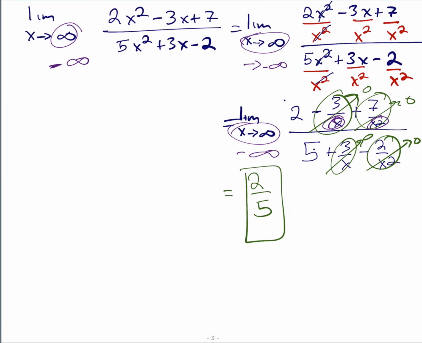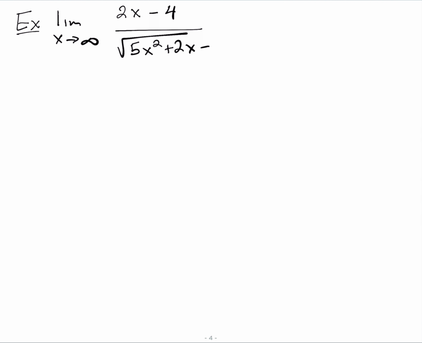So now let's do an example with radicals, because it gets a little bit more complicated here. Let's say we have the limit as x goes to infinity of 2x minus 4 divided by the square root of 5x squared plus 2x minus 3.